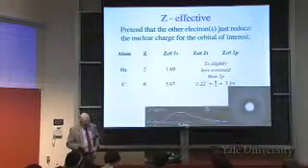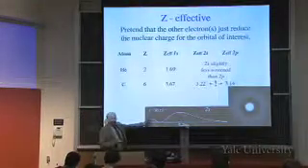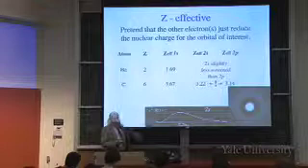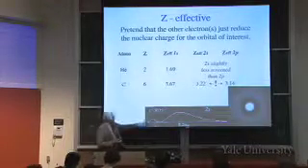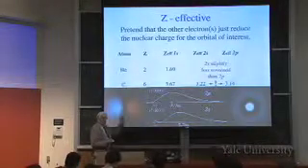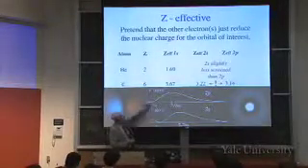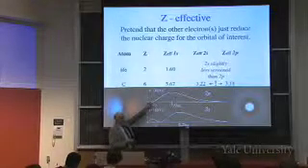Now we could look at that. There's what 2s looks like, and here's the probability distribution that we talked about, r squared times the radial function squared. So this stuff that's in here is inside. If we compare it with the 2p orbital, you see that this part is way down inside. It's not being screened by the 2p electrons, right?